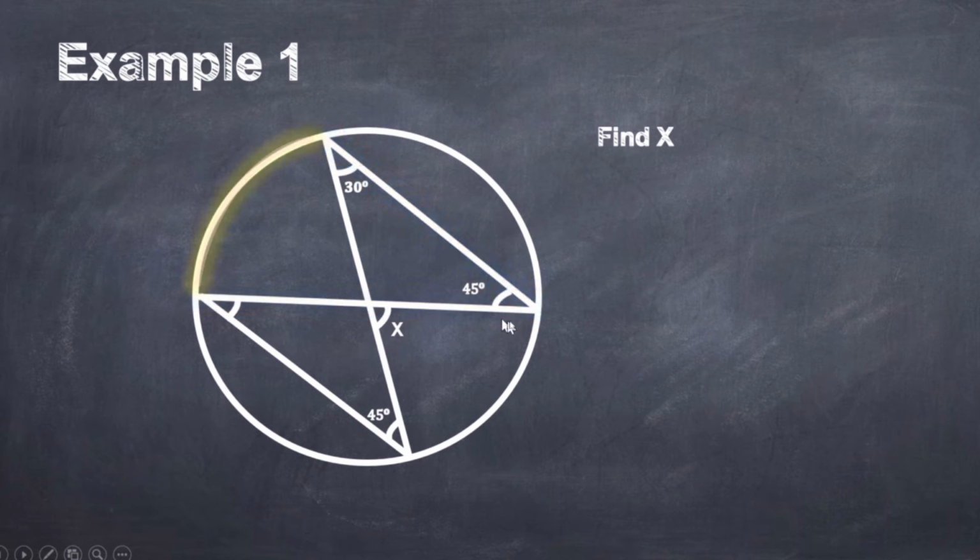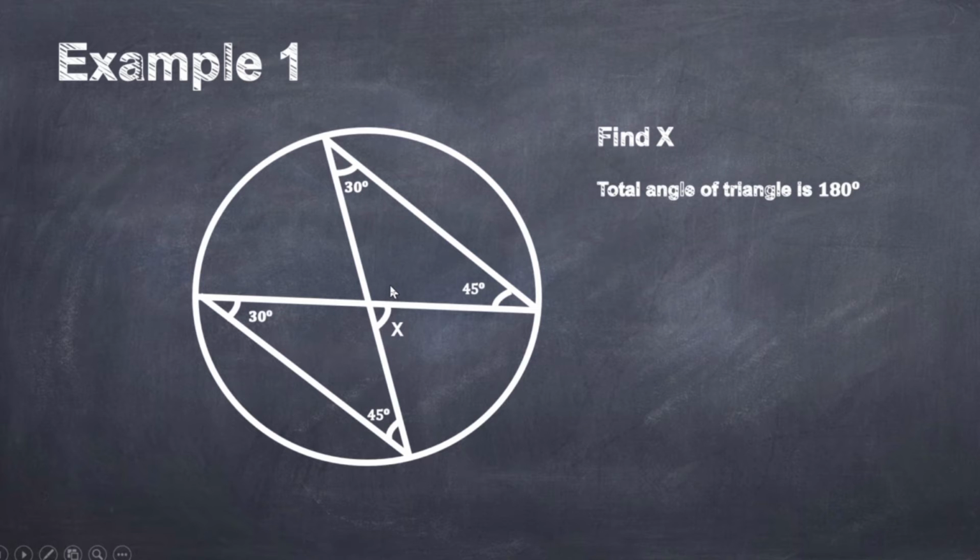Alright, next we're looking at this arc. So from this arc, the angle from this arc is 30 degrees. So automatically you know that this angle is also 30 degrees. So now, how do we find x? So in order to find x, we need to find this angle.